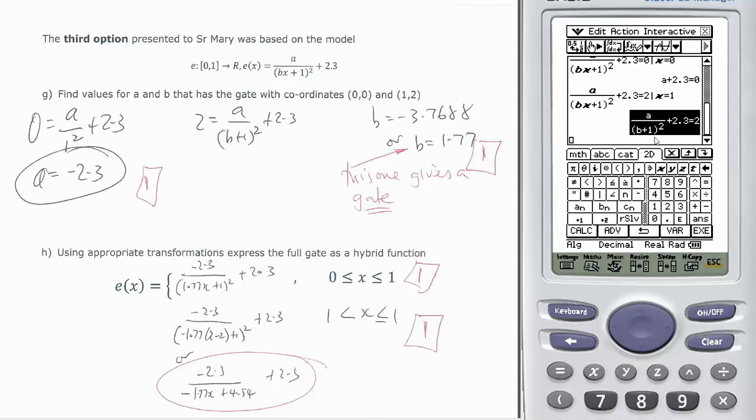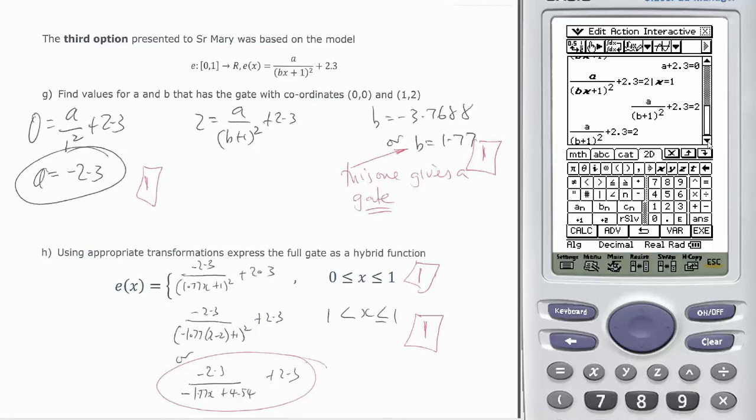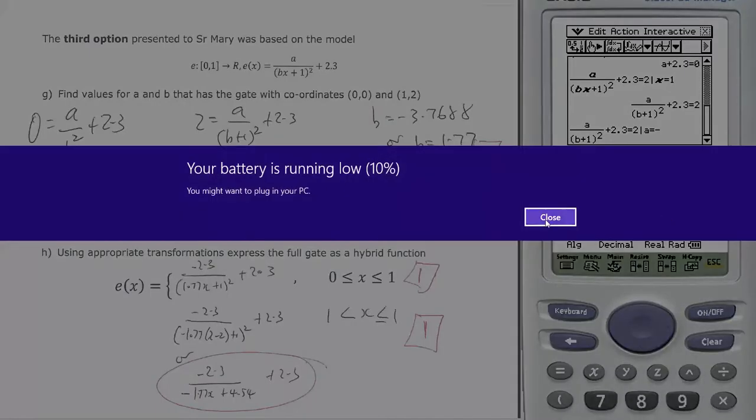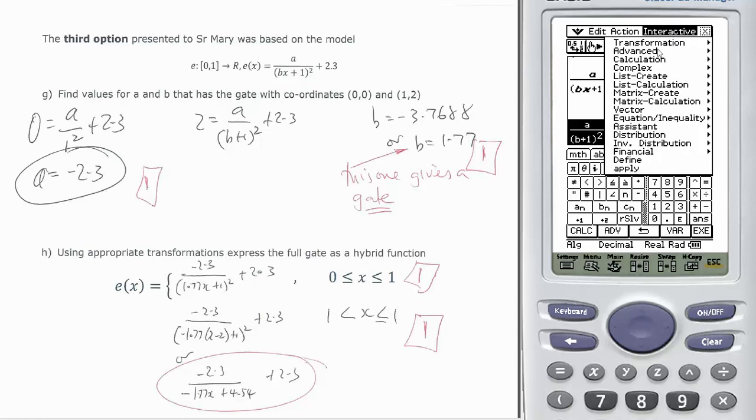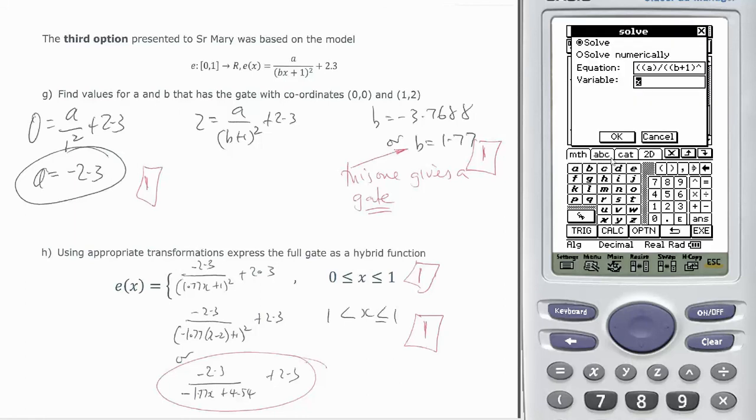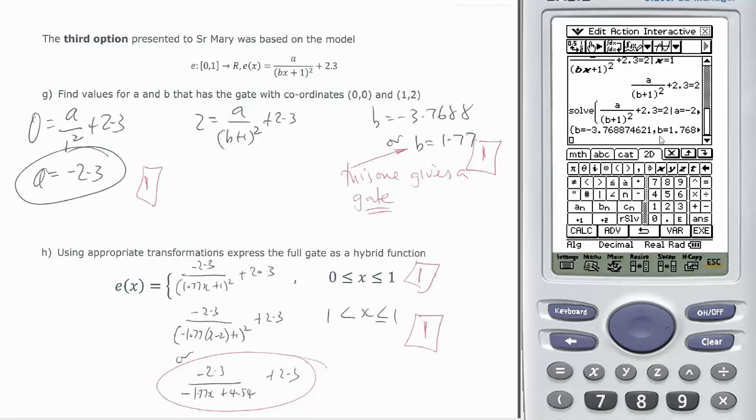And this equation, given a equals negative 2.3, solve for b, and that gives me two possible answers for b.